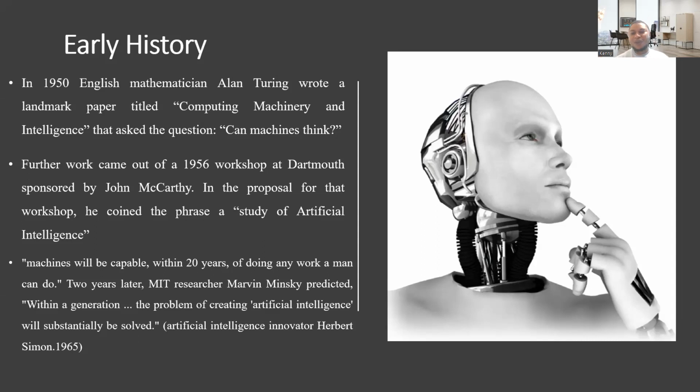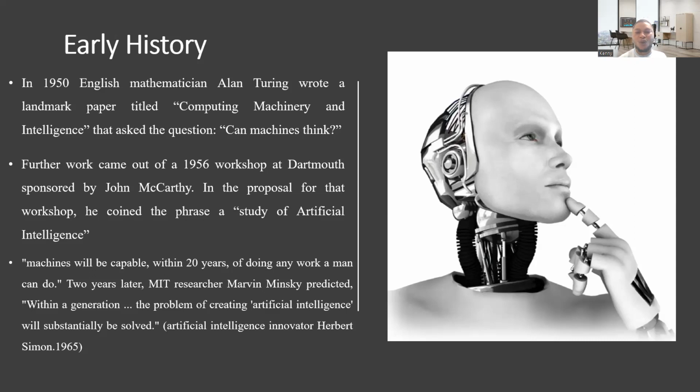When you ask the machine to think, you give the machine some information, and the machine gives you the information you are giving to me is likely to be this or this or that. You understand? So the machine is doing the normal human thinking, and that's what is referred to as artificial intelligence.